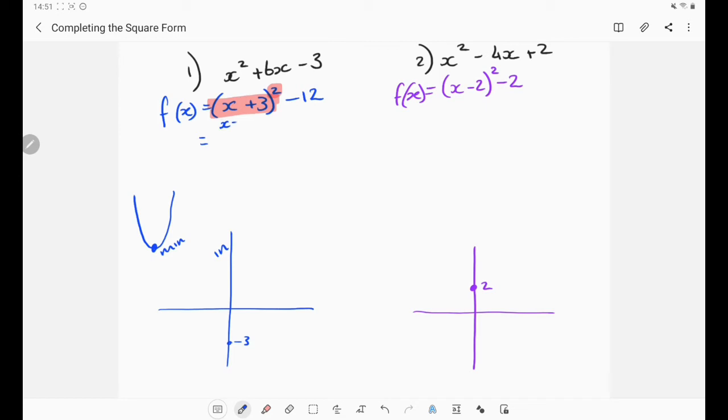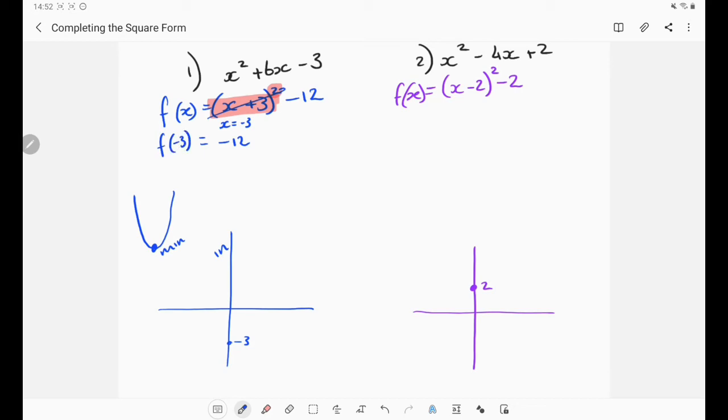So what value of x do we have to have for that bracket to disappear? Well, it's going to be the flip of positive 3. It's going to be negative 3. So we end up with x equals minus 3. Minus 3 plus 3 equals 0. That disappears, and you will be left with minus 12.